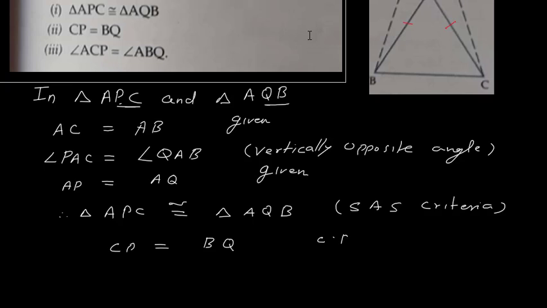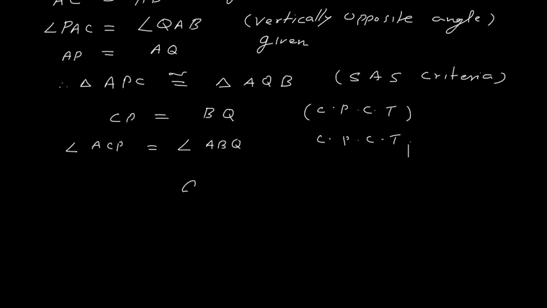They are corresponding parts of congruent triangles. And angle ACP is equal to angle ABQ. This is also corresponding parts of congruent triangles. So we have proved everything. So this is QED.